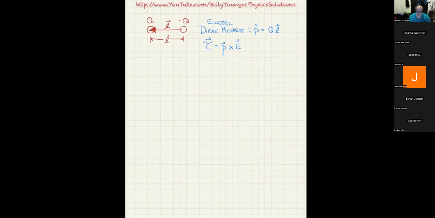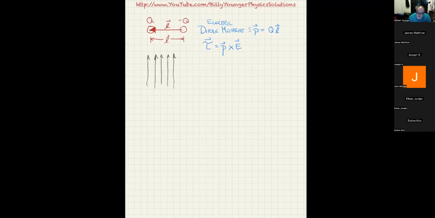Because you can imagine, let me draw the electric fields as if they're a uniform electric field. So here's a bunch of uniform electric field lines. And obviously the electric field is pointing in the upward direction, right?